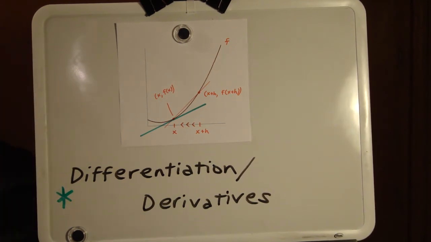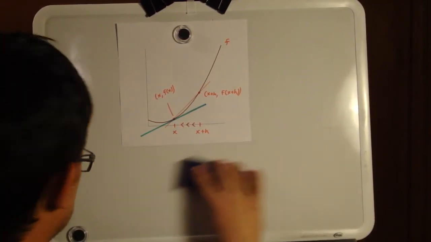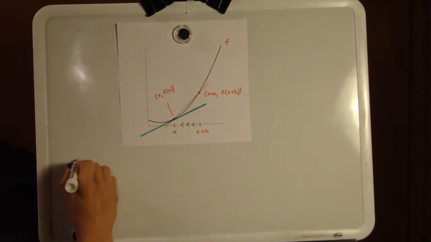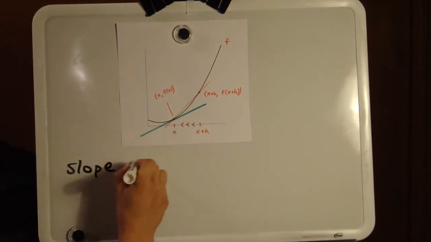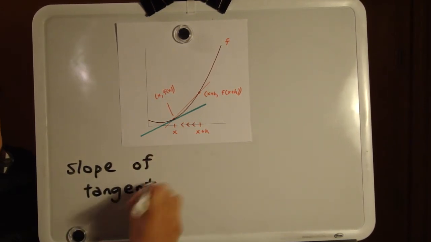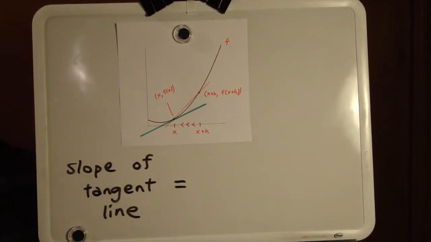This is the essence of the idea of the calculus derivative. What I'd like to do is write down this definition based on this geometric argument. So this is the slope of the tangent line. We're going to look at the change in y over the change in x.